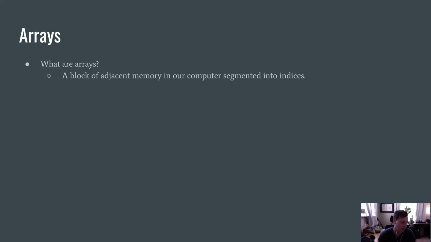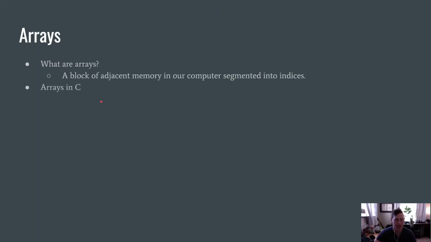So I like to think of arrays kind of like cubbies back in grade school, where you imagine just a row of cubbies on the wall, and you put your lunchbox or whatever it is that you have in grade school in your cubby. And let's say every student has their own number, sequential numbers starting at 0, going up to however many students there are in the class minus 1. And these cubbies are adjacent to each other, and they're able to hold your stuff. That's kind of what arrays are like.